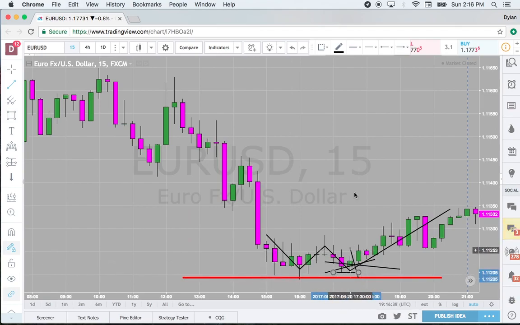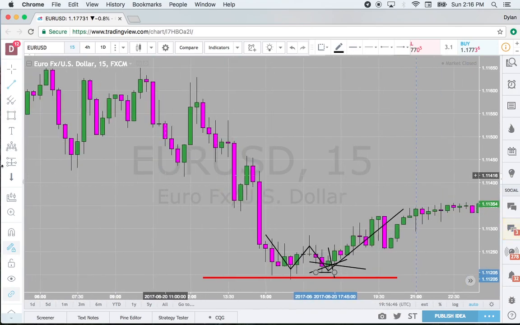That's going to be your goal in the future, to catch this lowest point and then have a stop loss as small as possible. If you caught this lowest point, your stop loss could have been less than 2 pips.